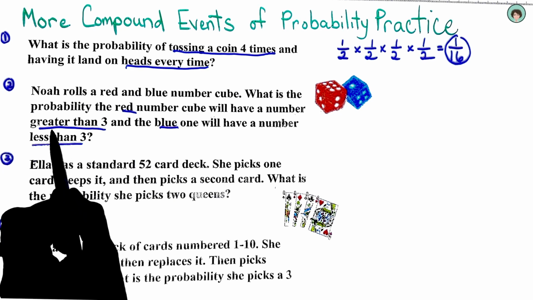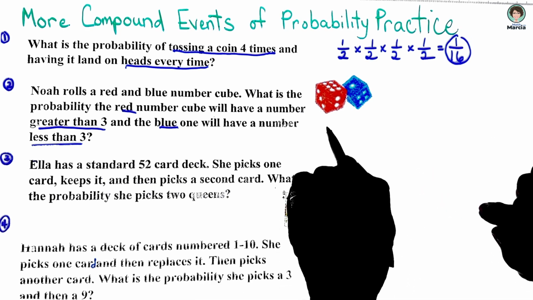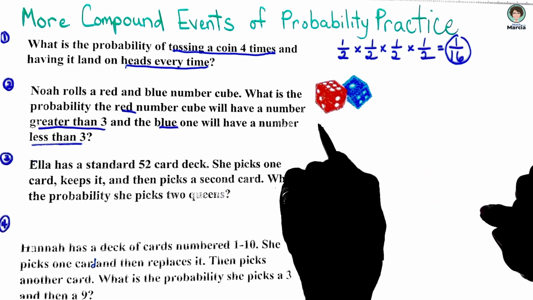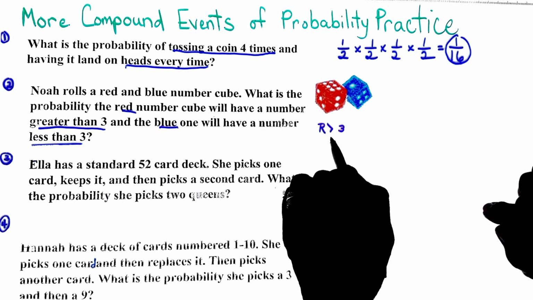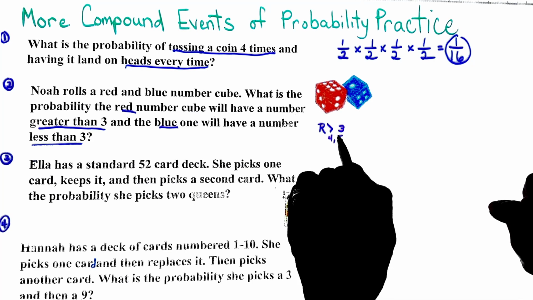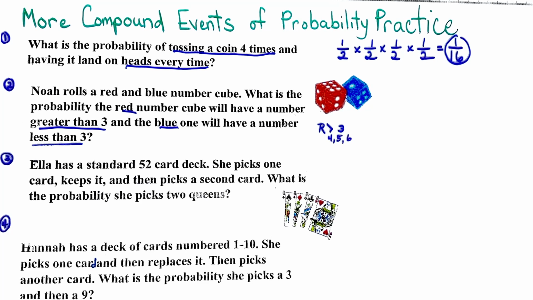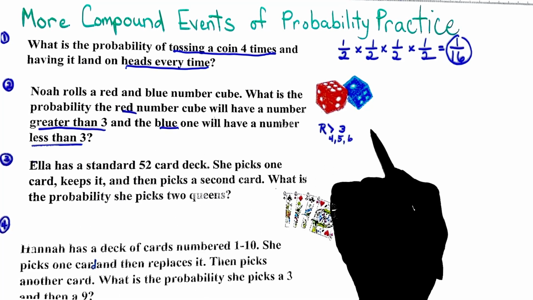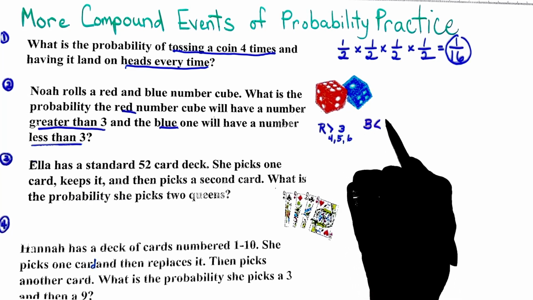Well, we know greater than 3. So underneath the red, I'm just going to put an R for red. We know that it is going to be greater than 3, so we have a possibility of a 4 coming up, a 5, or a 6. And when we are talking about a number for the blue, here's my blue, it's going to be less than 3.